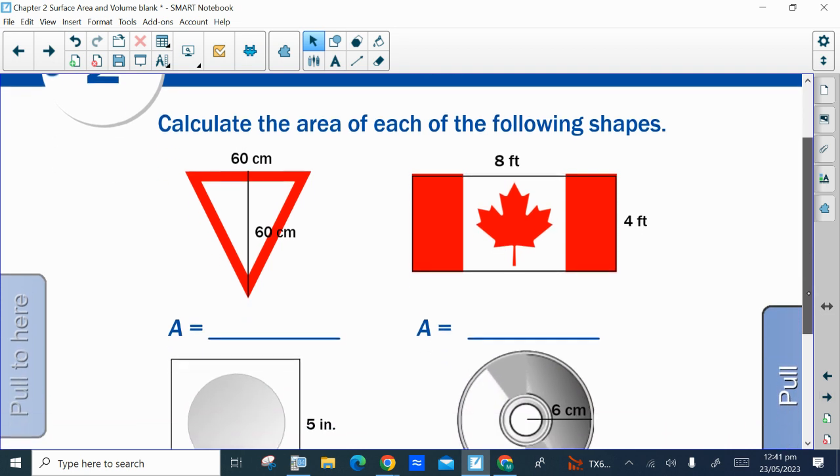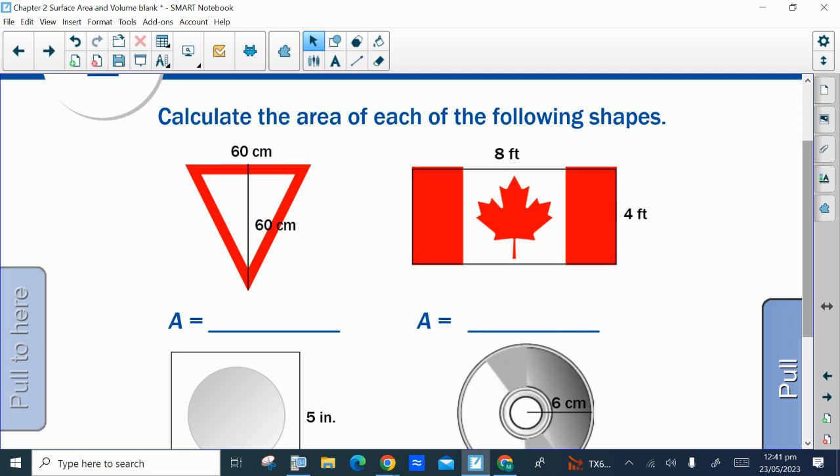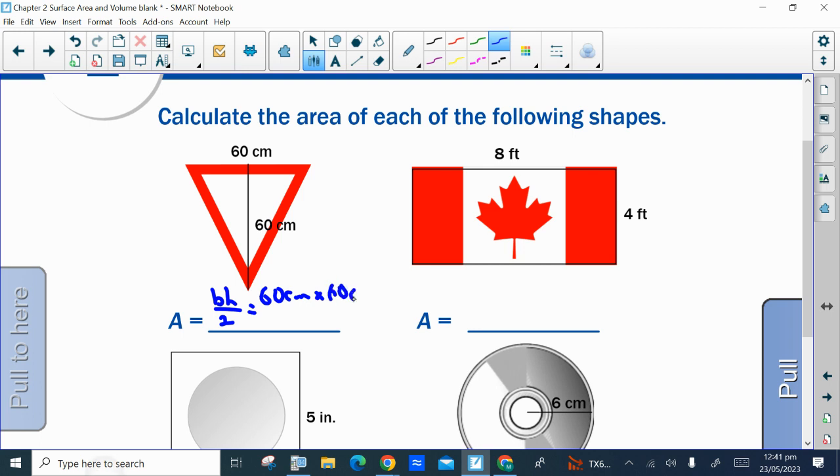So we want to calculate the area of the following shapes. So the first one is a triangle. It doesn't matter that it's kind of upside down. The base is 60 and the height is 60. So the area would be base times height divided by 2, a base of 60 centimeters times a height that's also 60 centimeters divided by 2.